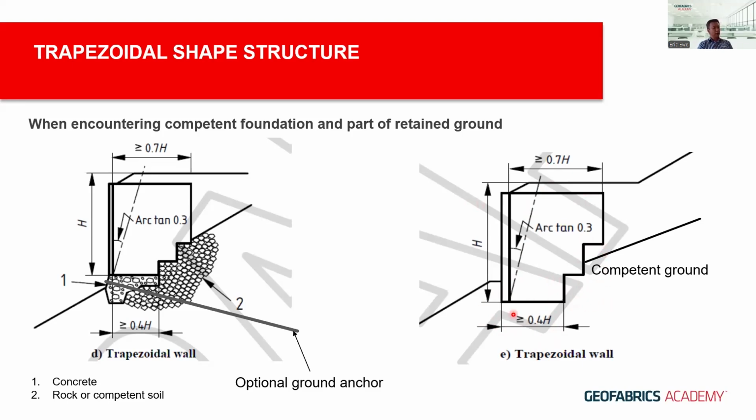Or, if this condition does not exist, i.e. competent ground, you may create that competent ground, to allow for a trapezoidal shaped structure to be constructed without having to excavate too much, due to the risk of live traffic, say, for example, one condition.